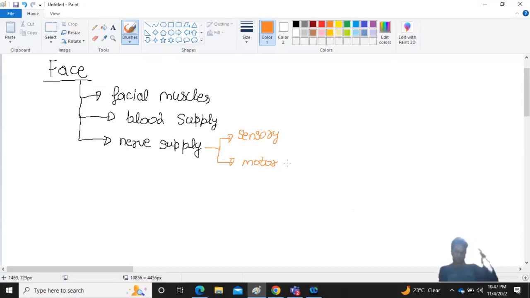Motor innervation, motor nerve, and some short notes. Short note on muscles. Short note on some muscles.